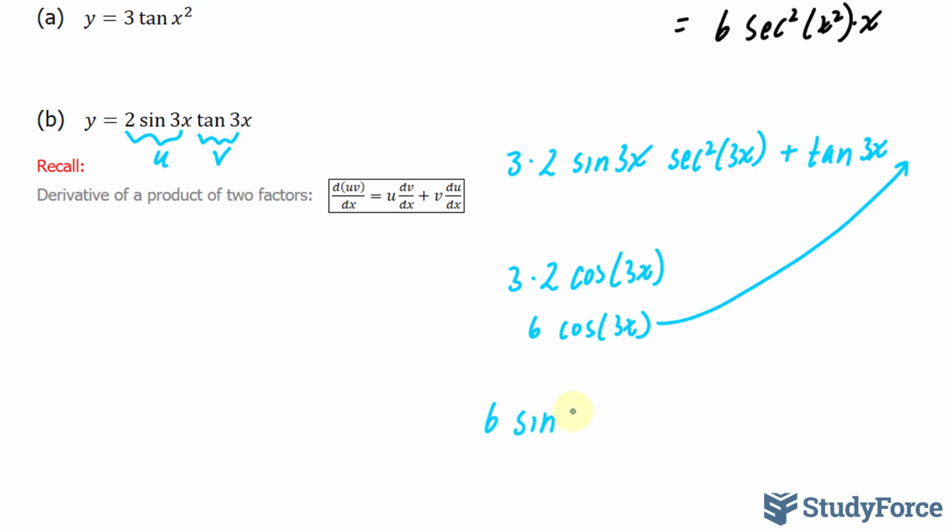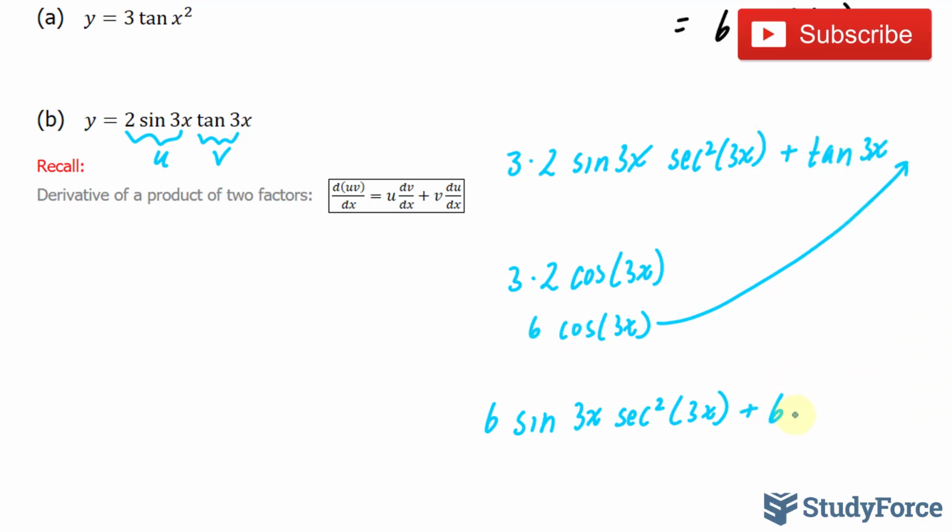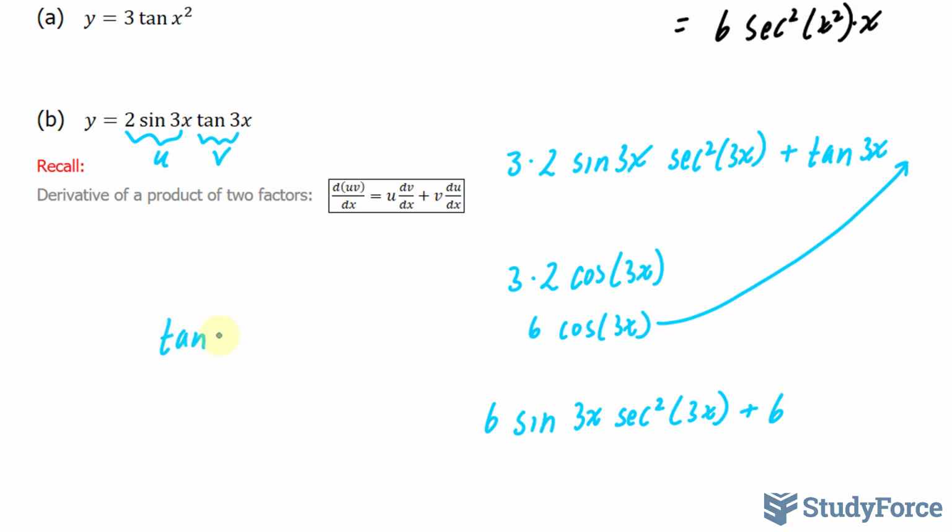6 sine 3x. I multiplied the 3 and the 2 together. Then we have secant squared 3x plus 6 tangent 3x. And interestingly, tangent 3x is the same thing as sine 3x over cosine 3x.